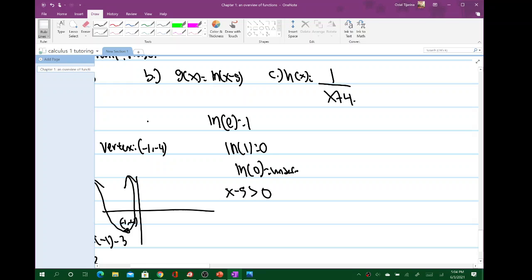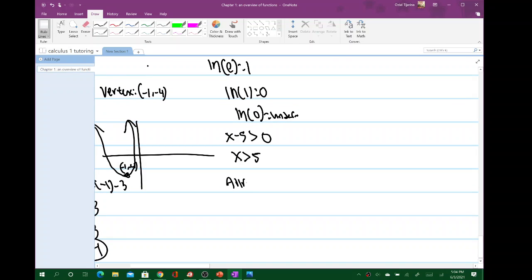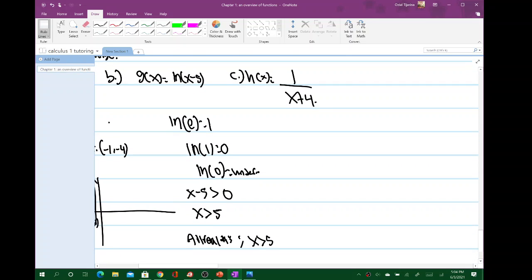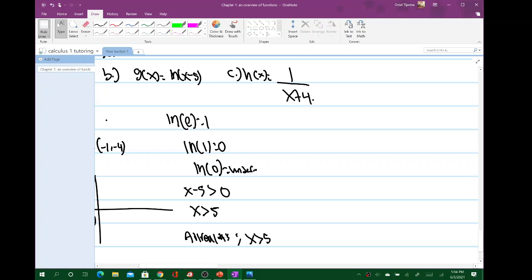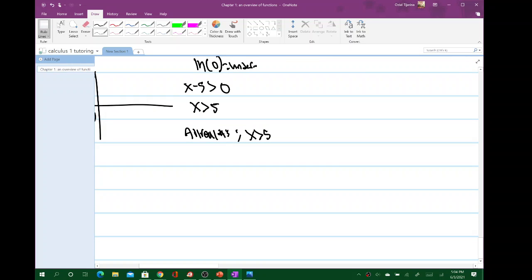Now, the domain would be all real numbers such that x is greater than 5. That means basically we're going to go from negative infinity to 5, union 5 to infinity, okay?